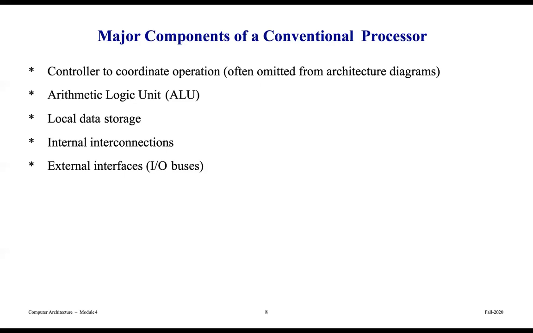You need to be doing a load from memory, store to memory. There are logical operations, such as AND, OR, etc. There's local data storage, where you read and write. You have things that hold the program, the instructions that you're using. There are the internal connections within the processor, and there are also external interfaces that deal with the bus.